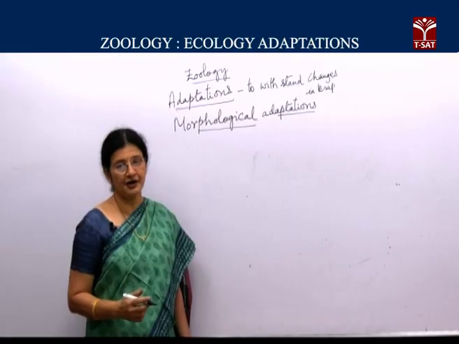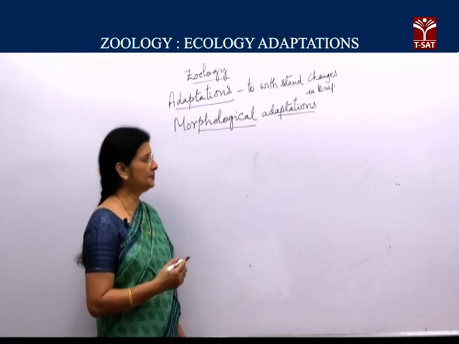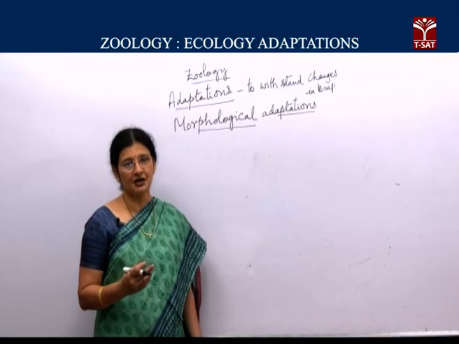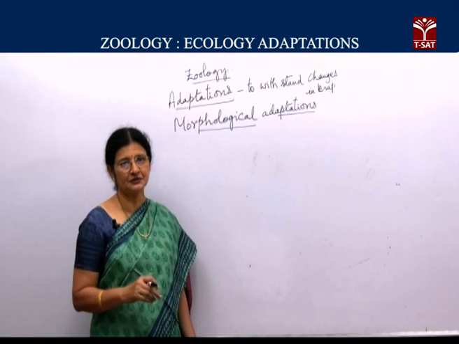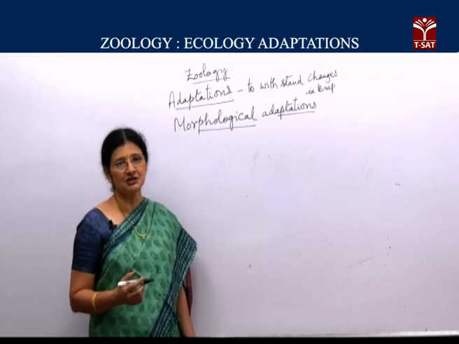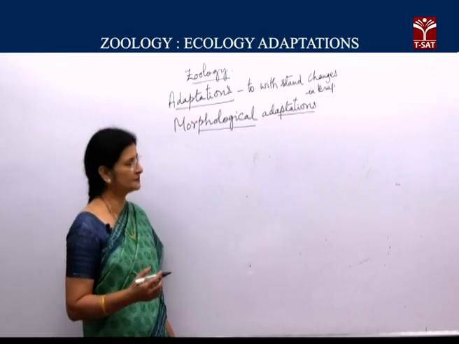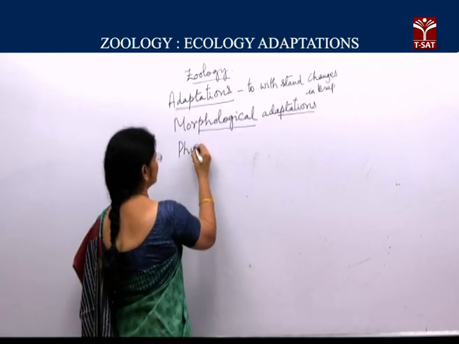Leaves are modified into thorns in cactus, and in some cases the stomata are present in deeper pits. So these are some of the morphological adaptations. Then physiological adaptations.